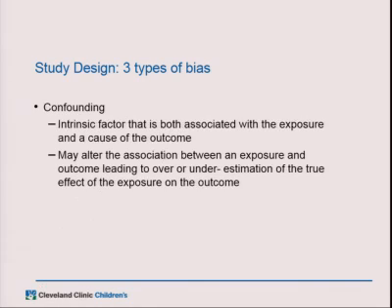Confounding bias is intrinsic factors that are associated both with the exposure as well as with the outcome. One great confounder is always age. As age increases, that can always be a confounder, whether or not that's associated with the exposure. So that can alter the association. All 3 of them can alter the association, leading to both under and overestimation of the real effect.